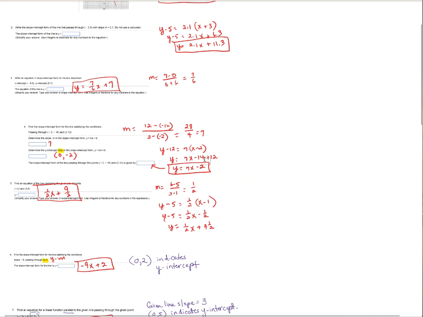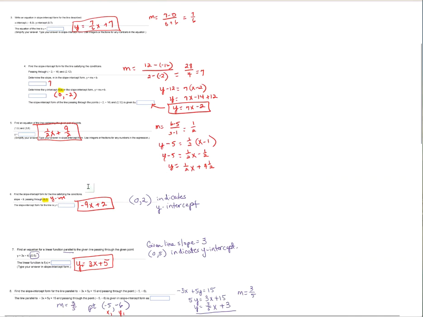Y equals 7x minus 14 plus 12. Y equals 7x minus 2. That is the slope-intercept form. And so the y-intercept is -2, so you can put 0, -2 as your point here.